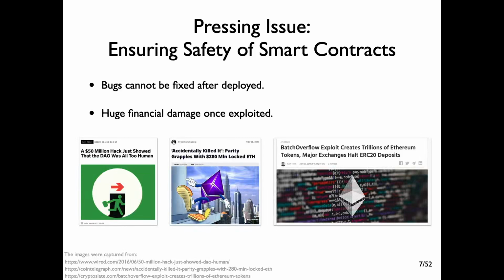Second, more importantly, since smart contracts typically manipulate very sensitive data, even a single flaw in smart contracts can cause huge financial damage. Indeed, there have been a number of disasters due to security vulnerabilities in smart contracts. Therefore, developing techniques for ensuring safety of smart contracts is critically important.